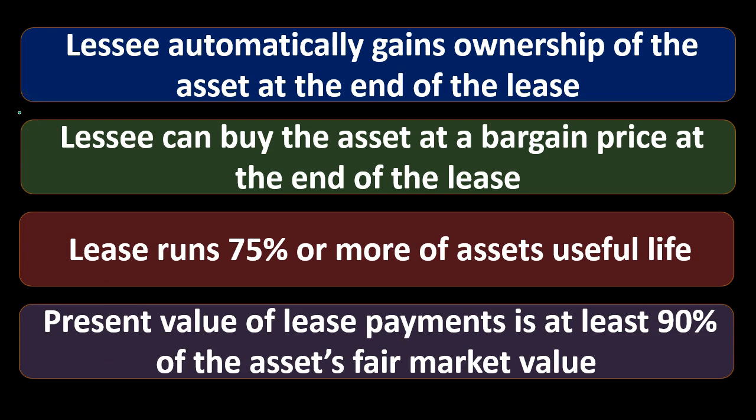So again, you can derive these types of things when you think of it. It's a substance over form argument. It's possible that some people might have an incentive to set something up as a lease as opposed to a purchase in form, when in actuality they want a purchase agreement. And if you think in those terms and look through agreements skeptically, trying to see what kind of conditions would be met, you'd probably come to some of these conditions.